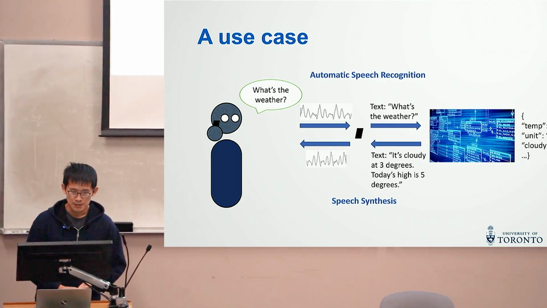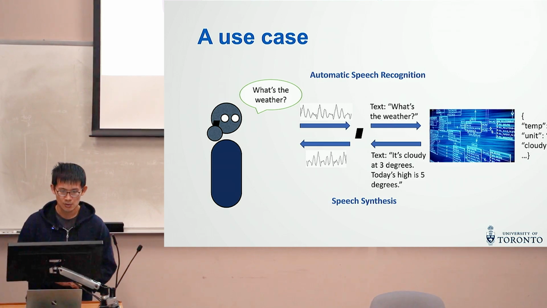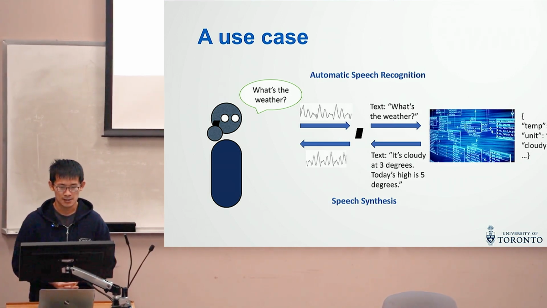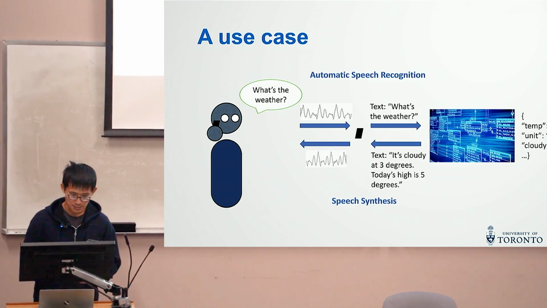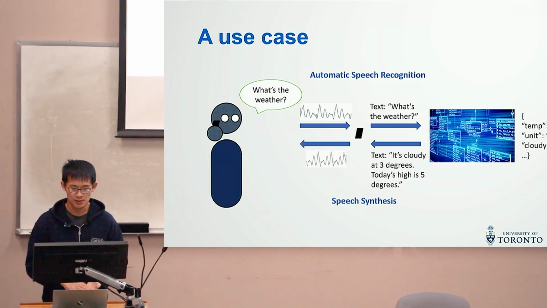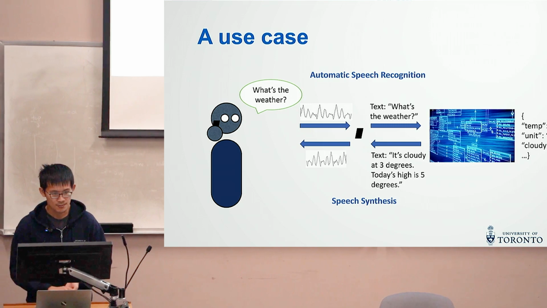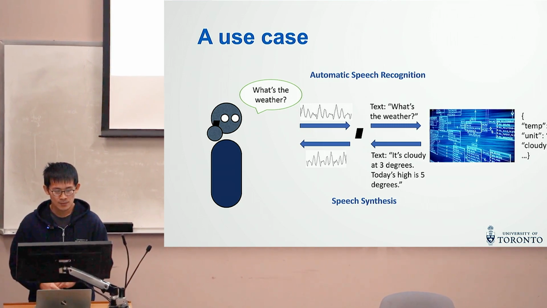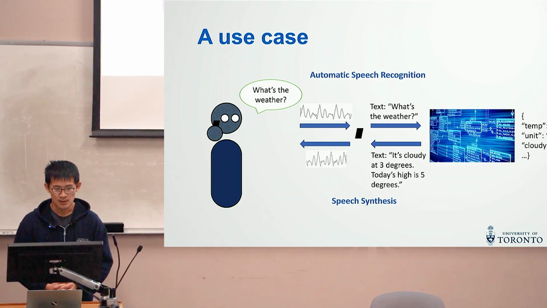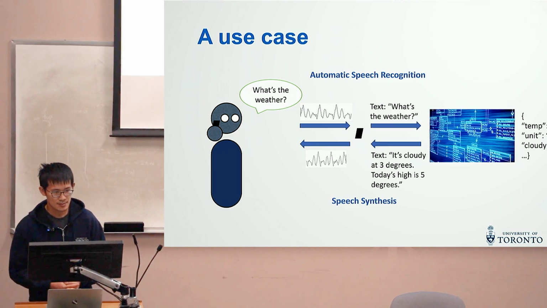In this example, one solution at the backend is to query for the weather, and the returning data consists of a JSON object. For example, temperature equals 3.25, unit is Celsius, and cloudy equals true. And when we convert that back to text, one example is, it's cloudy at 3 degrees. Today's high is 5 degrees.